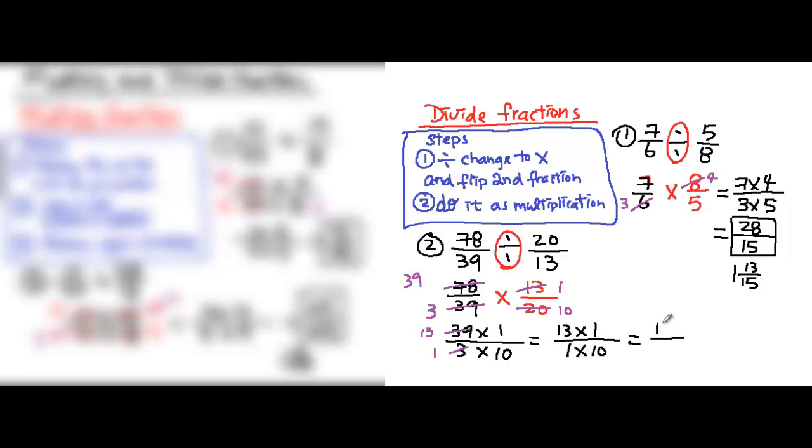And this would be 13 over 10, or 1 and 3/10. Both of them are acceptable. So that would be division of fractions. You change division to multiplication, flip the second fraction, and just do it like multiplication.